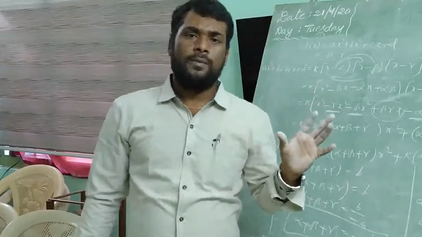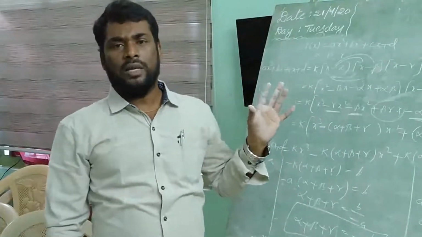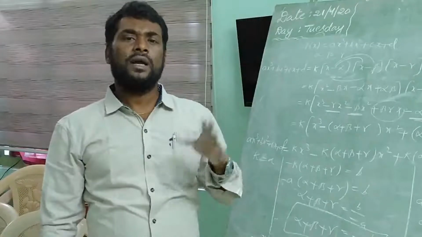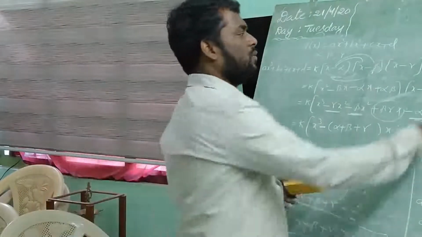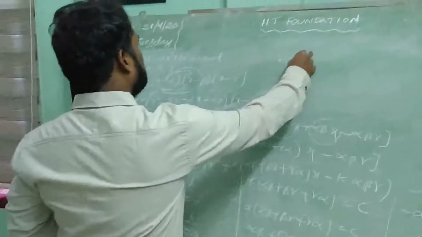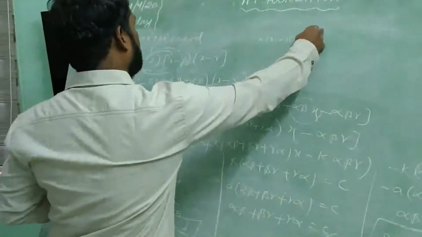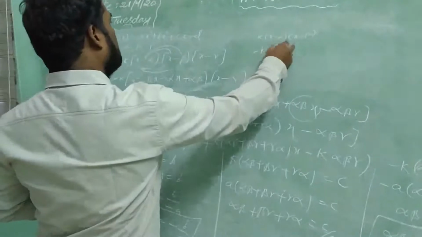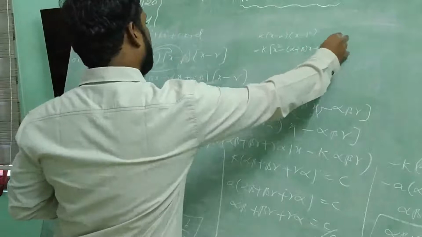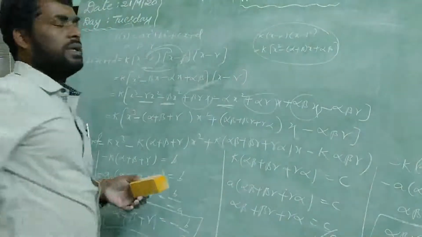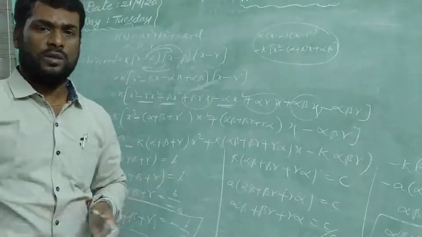And next is how to find a quadratic polynomial when zeros are given. If alpha, beta are the zeros of a quadratic polynomial, then the quadratic polynomial is k into x minus alpha into x minus beta. It can be written as k into x square minus alpha plus beta into x plus alpha beta. By using this formula, we can find a quadratic polynomial.